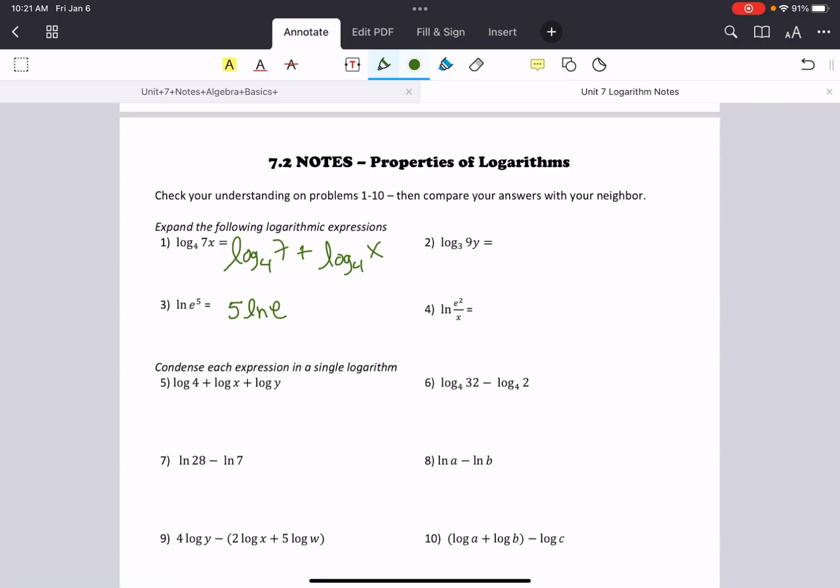Because what? Remember, the ln, let me explain it again. Ln of E is the same as log base E of E. What exponent do you put on E to leave it alone? 1. Remember we talked about these are inverses, so it's almost like this one cancels. So that one actually goes down to 5.